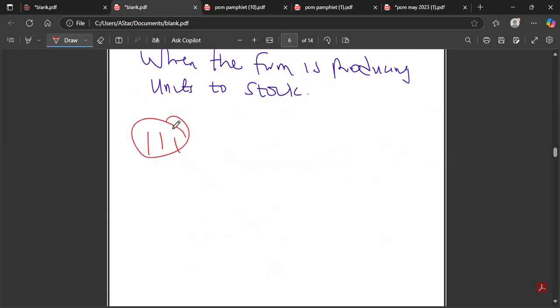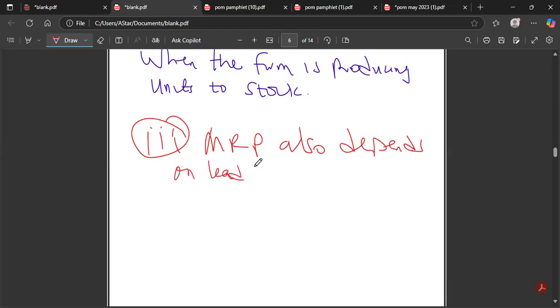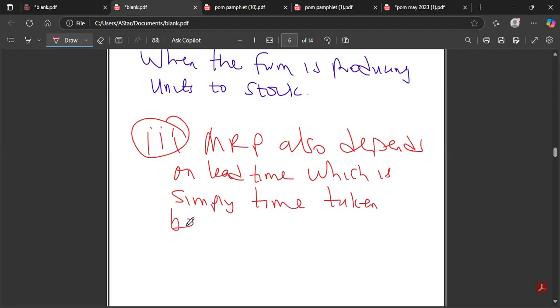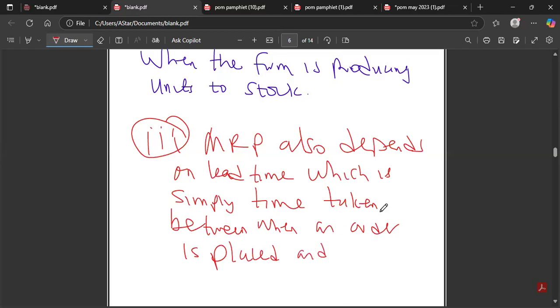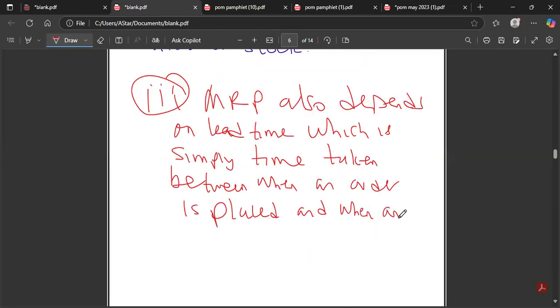Now, MRP also depends on lead time, which is simply the time taken between when an order is placed and when an order is received.